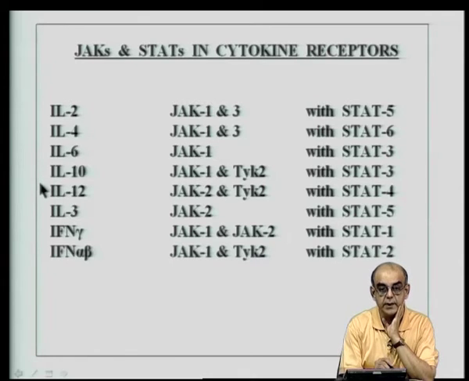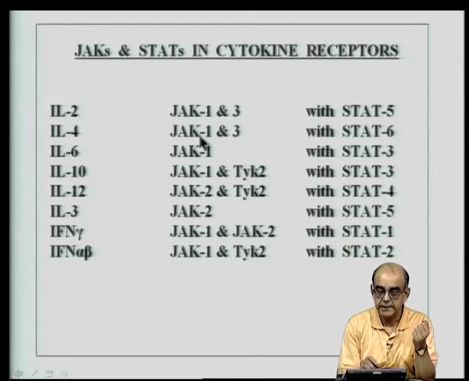IL-2 and IL-4 have many overlapping functions because they share their subunits. IL-4 has JAK1 and JAK3, but STAT6 is the one that performs the downstream signaling and translocation into the nucleus.